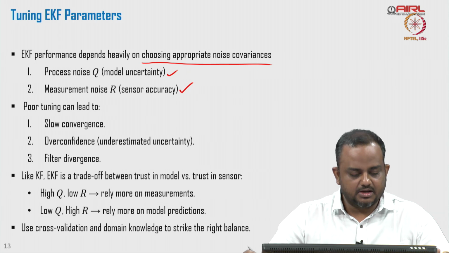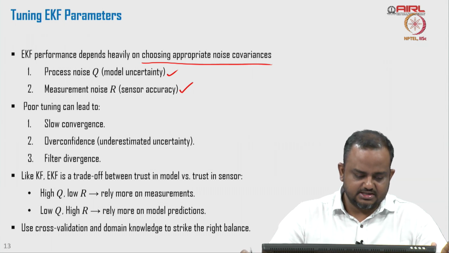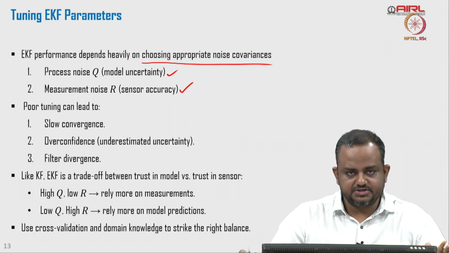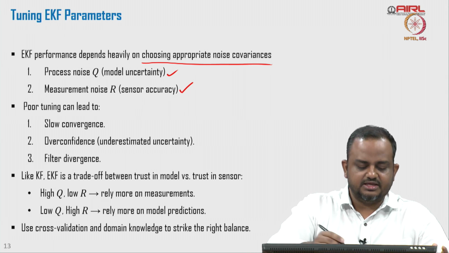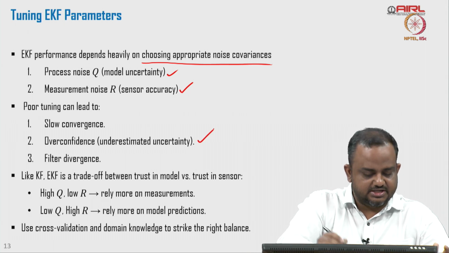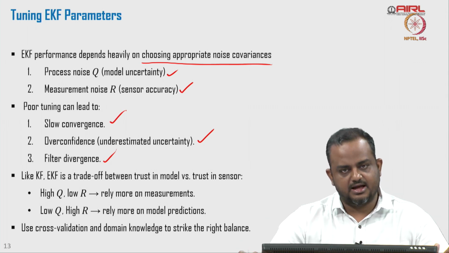Okay. Now, if there is poor tuning of Q and R, then we can see there will be some slow convergence. That means the error will be high for a long time, and after that it might reduce. Then there can be some underestimated uncertainty, and filter divergence also can happen if the Q and R matrices are not properly tuned.